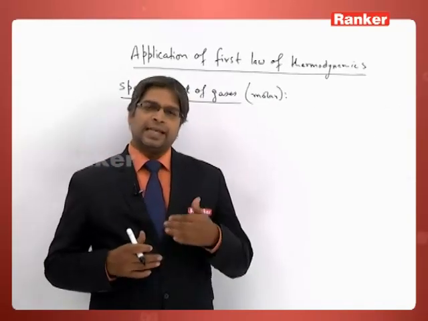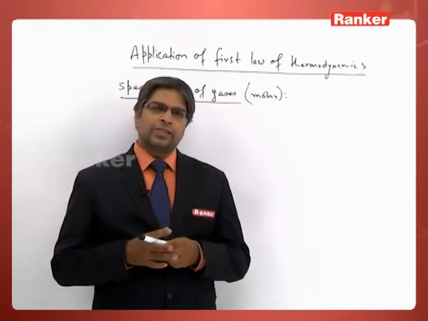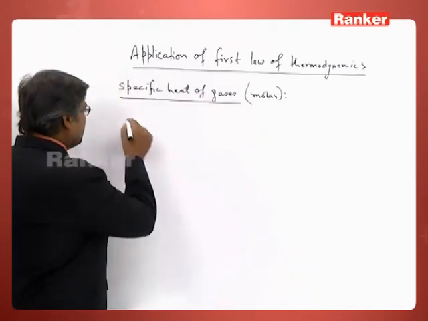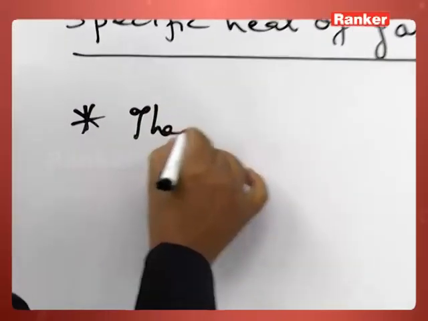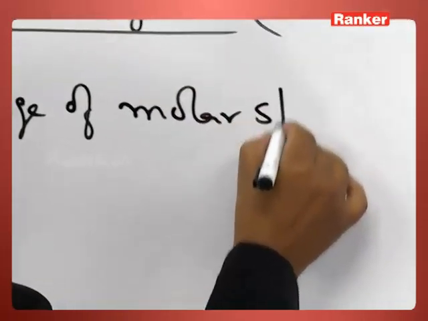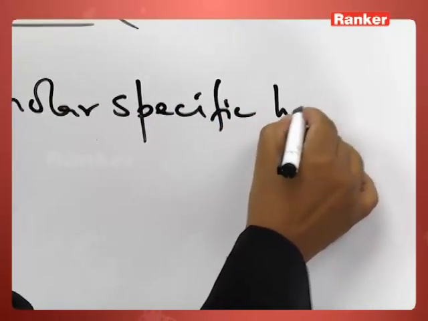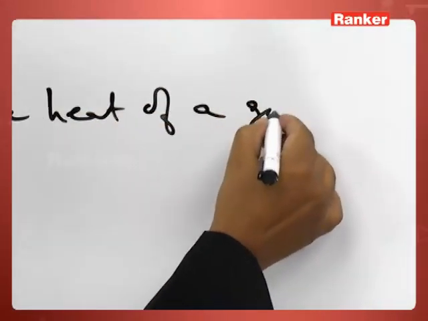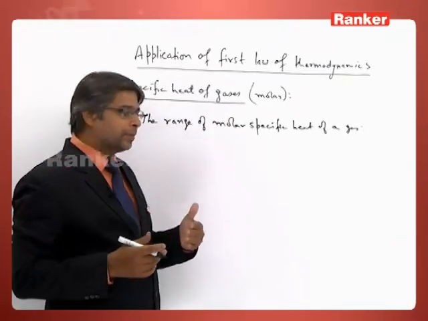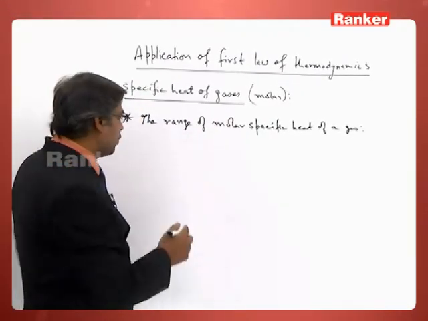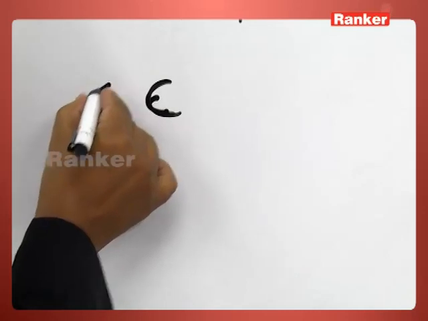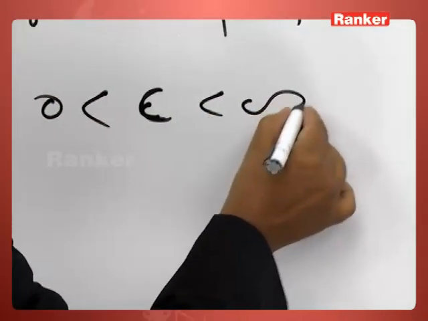Now let us see what is the possible range of specific heat of an ideal gas. This is a very important point. Let us predict what the range of molar specific heat of a gas could be. Suppose I am giving 4 options. Option 1: C is from 0 to infinity.